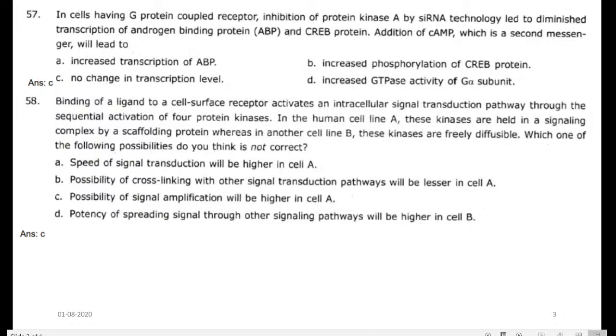We want to understand the statement. The cell has a G protein coupled receptor, which is a very predominant protein on the cell surface. If you have been following the whole class, you can remember that G protein coupled receptors have 7 transmembrane helices in the membrane.